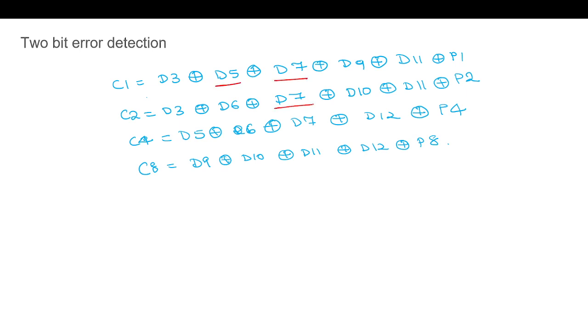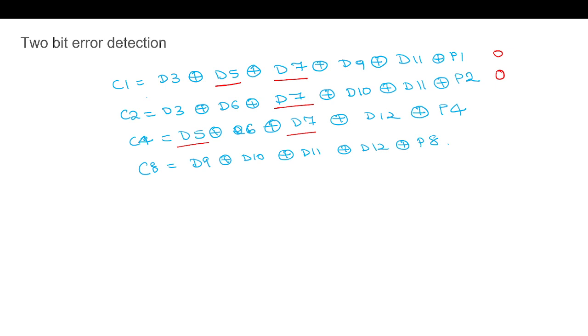So here also there will be error. Here also there will be error. So because of this, there are 2-bit errors. So because of 2-bit, the XOR will be like 1 XOR 1, so 0.